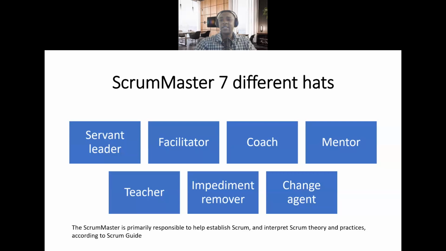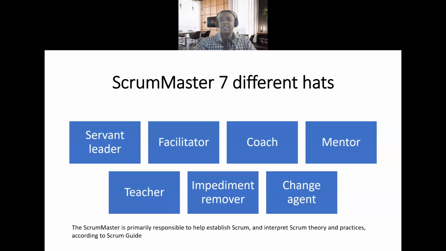Or when a team is moving away from doing Scrum to being Scrum, they want to change, but sometimes they are uncomfortable. A Scrum Master is the one that will be able to engineer that process, right? Even though sometimes team members might feel uncomfortable with that process, the Scrum Master will be able to guide them, support them, encourage them to keep moving, right? So that's what I mean by change agent.